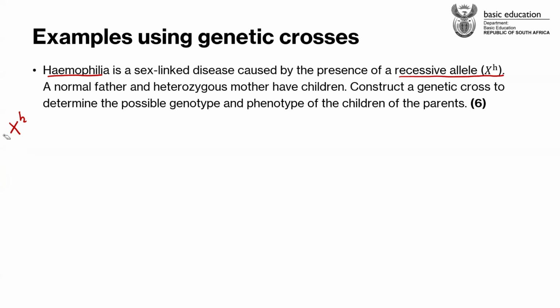Because remember, guys, I told you that these alleles that cause genetic disorders actually sit on top of the X chromosome. So whenever you make your diagrams, whenever you hear the term sex-linked disease, it simply means that this disease is caused by an allele that sits on the X chromosome.